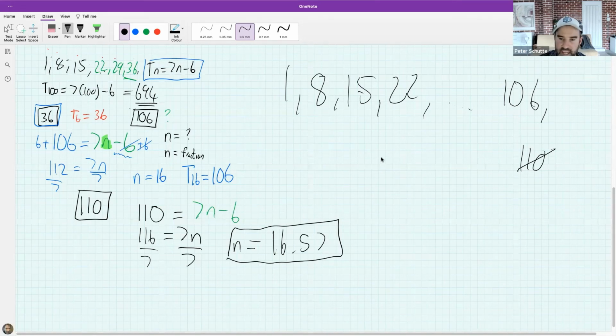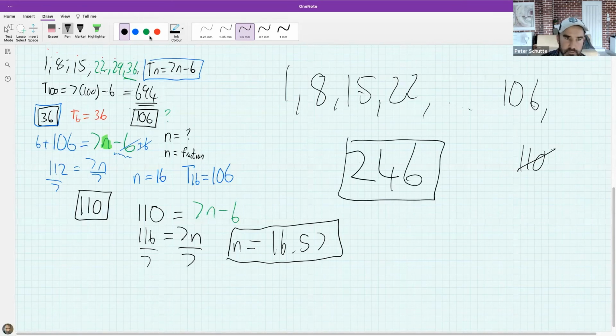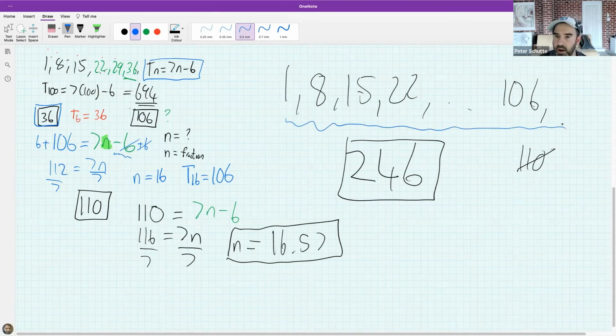I'm going to make up a number now. I don't even know if it's in this number pattern or not. If I say to you, 246, that's a number that I've just made up. Is 246 in this number pattern over here? Now, I want you to try and use the method that I've shown you so far today.